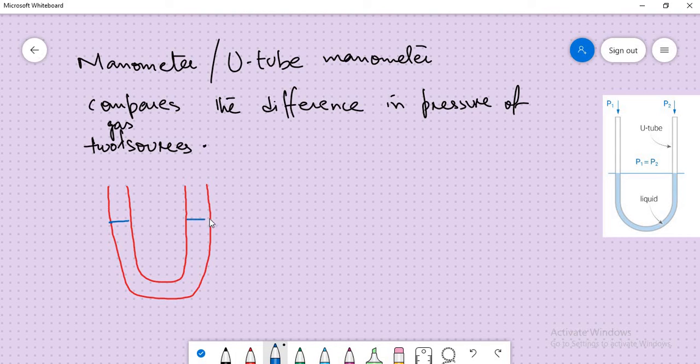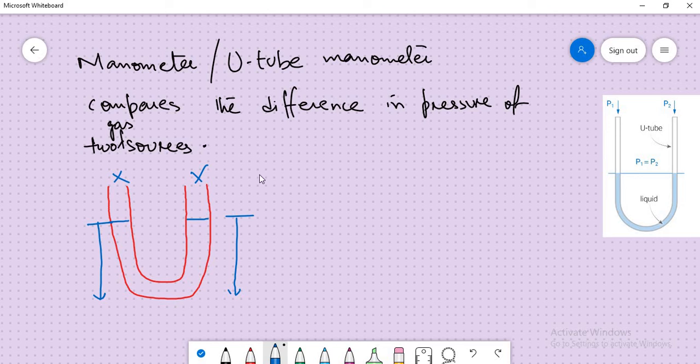When there is no input from either side, and they're both open to the air, the height here would be equal to the height here. Therefore, the pressure on both the arms of the U-tube manometer would be the same.